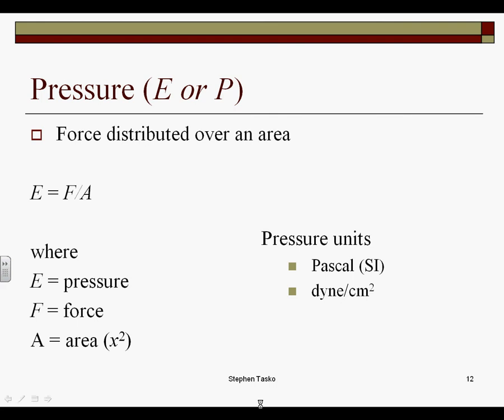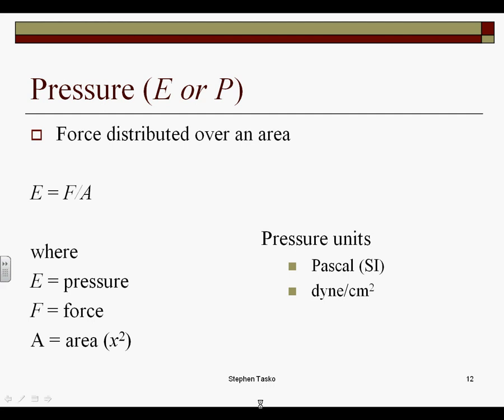And the units that are typically used for pressure are units such as Pascal in the SI system. In speech science, we often use micropascals, which are millionths of a pascal, and that's because we use that kind of measure to measure sound pressure. And sound pressures are rather small. There are other units for pressure.